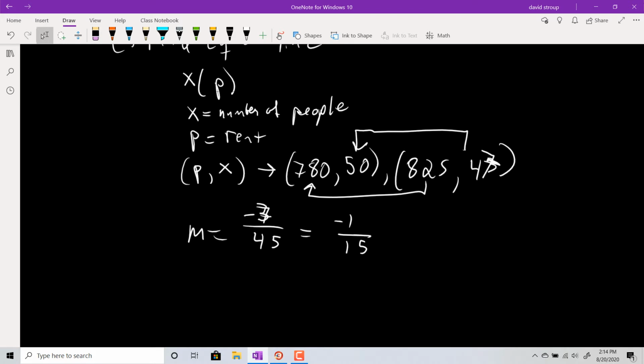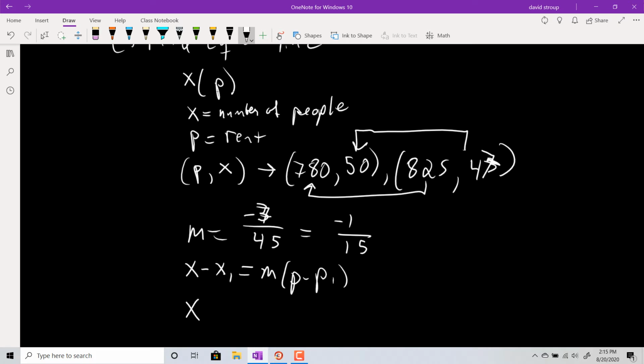Okay, so basically as a rate of change, this would mean the number of people that want to rent inside of your apartment complex goes down by 1 for every additional $15 that you charge. Okay, so we can do our formula now. The formula looks a little weird because we're using the x as our y. Okay, so it'll be x minus x1 equals m times p minus p1. Okay.